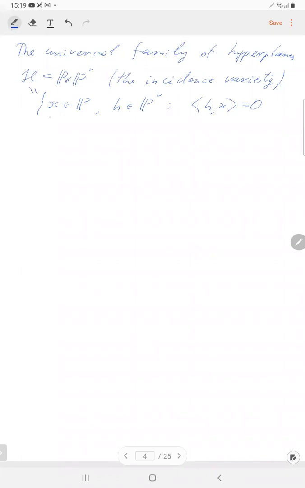So X is a point of the ambient vector space defined up to scaling, and the same for H, but this condition is homogeneous, so it's well defined. Or in other words, that's a point and the hyperplane such that the point lies inside the hyperplane. So equivalently, X lies in the corresponding hyperplane.